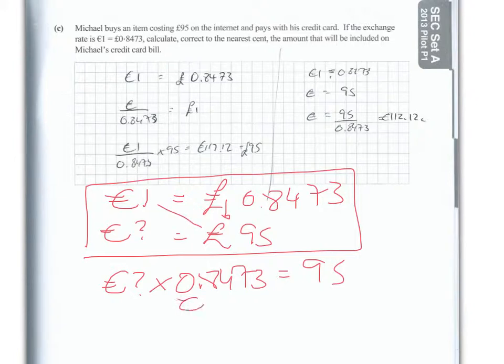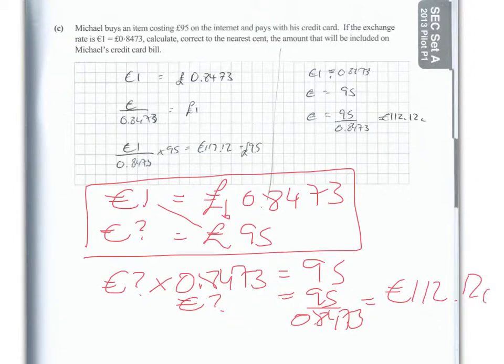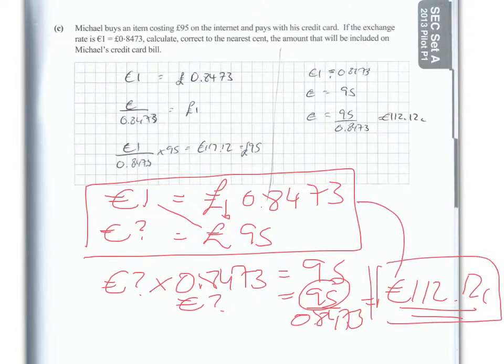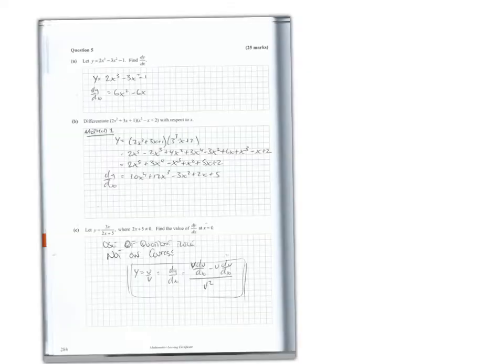So what we're looking for in euros must be 95 divided by 0.8473, and that's €112.12. So this is the amount that will show on his credit card. He bought an item for £95, but actually, given this exchange rate in euros, this is what he'll be billed.